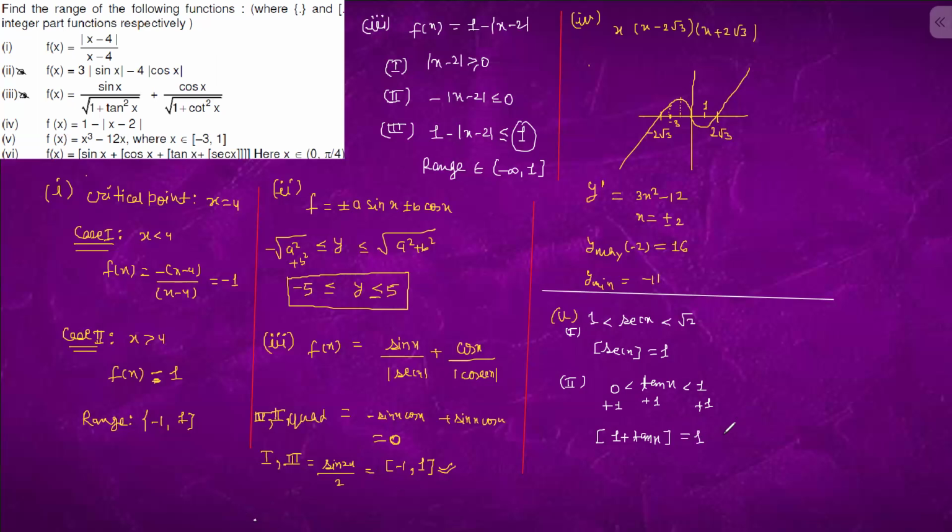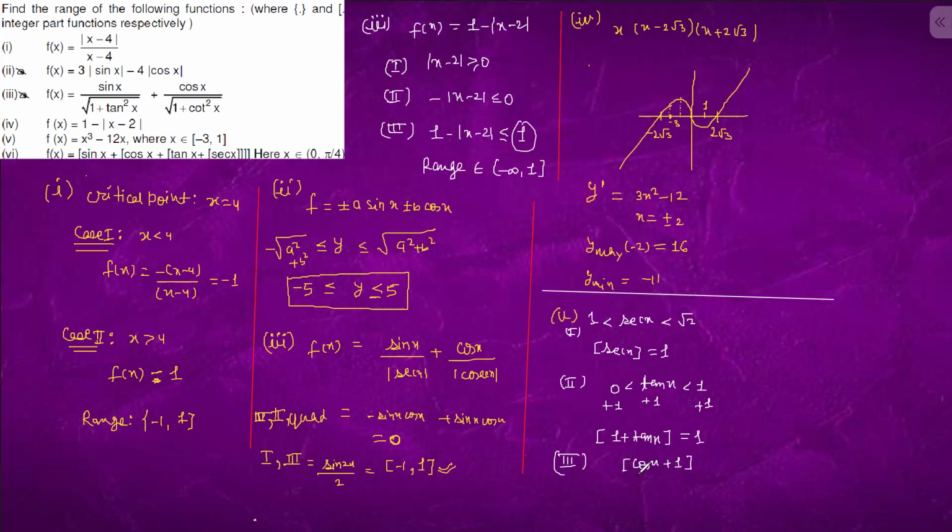This will proceed with cos x. Cos x between 0 to pi by 4 is less than 1 and bigger than 1 by root 2. Cos x plus 1, greatest integer.